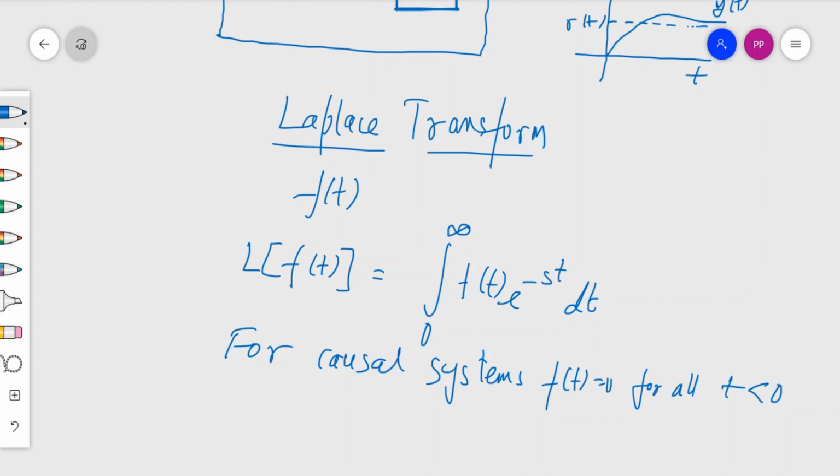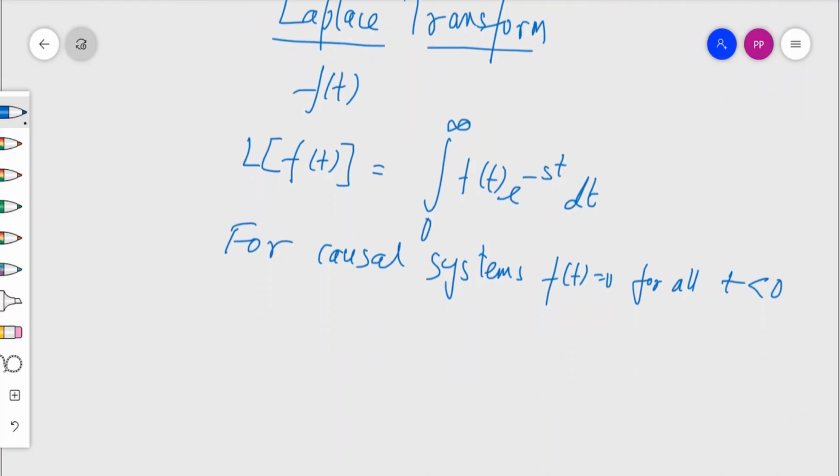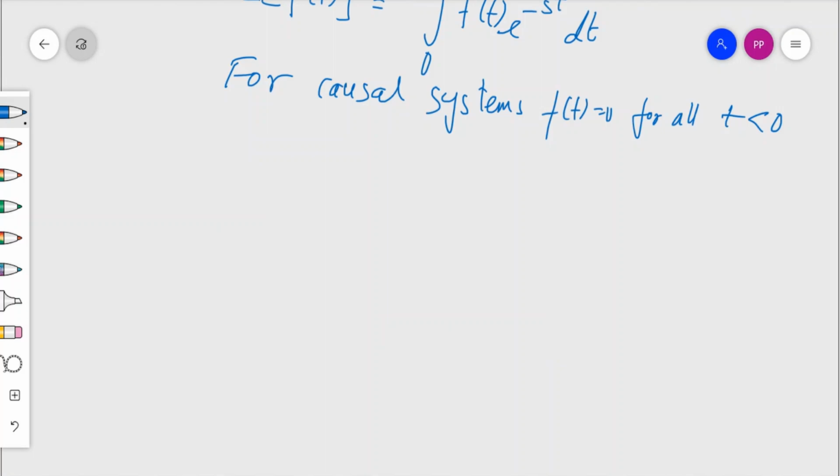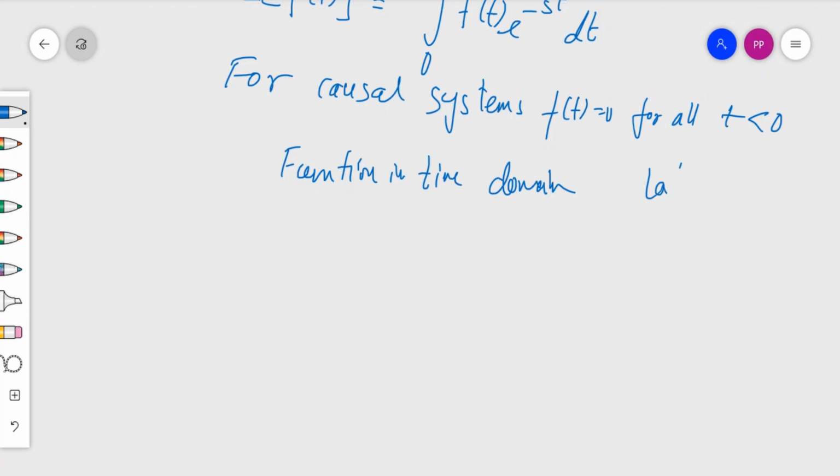So let us recapitulate the most common Laplace transforms. I write here the function in time domain and the Laplace transform.